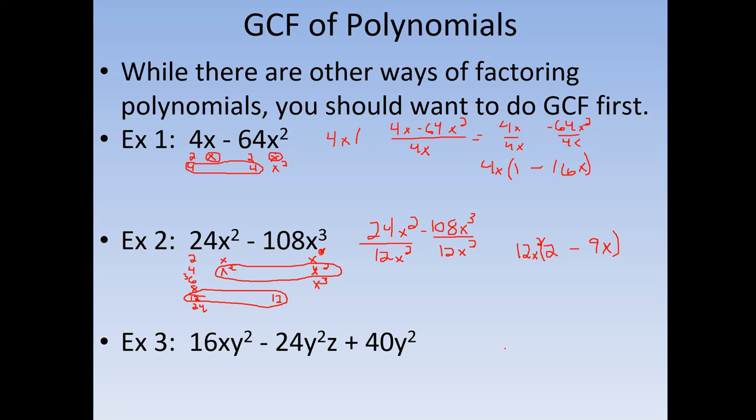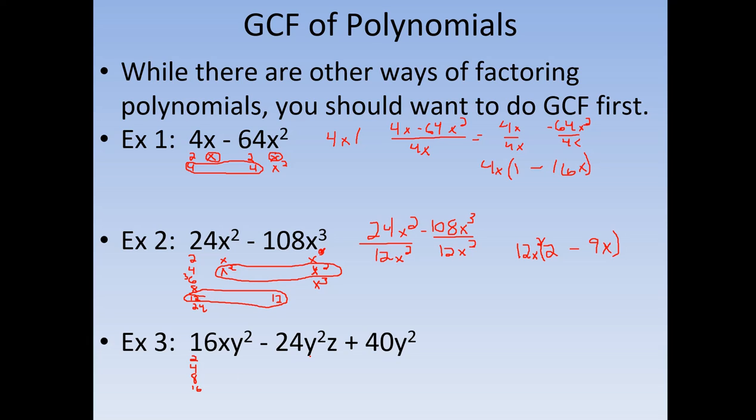And then this one is a little bit longer, so it's going to take us a bit of time. Once again, if I look in the calculator or just from experience, numbers that go into 16 are 2, 4, 8, and 16.